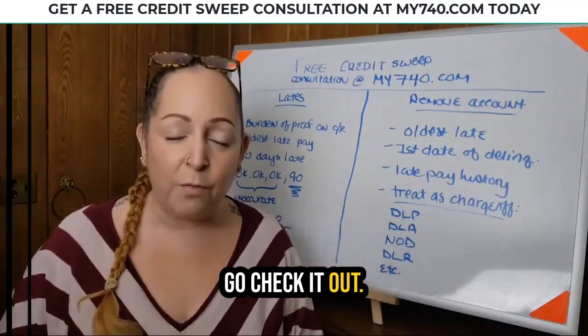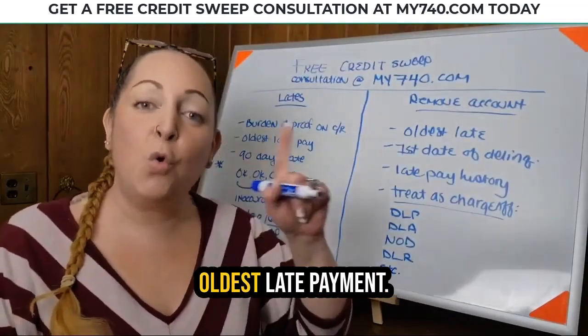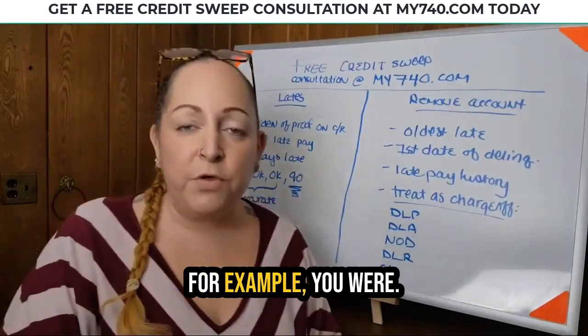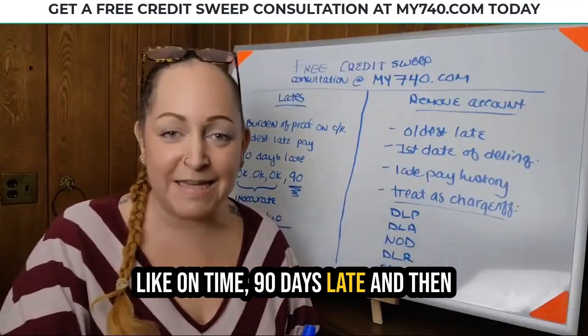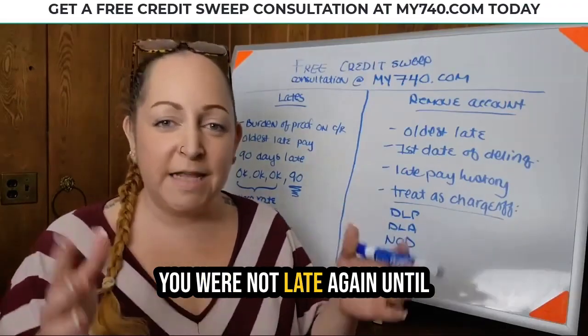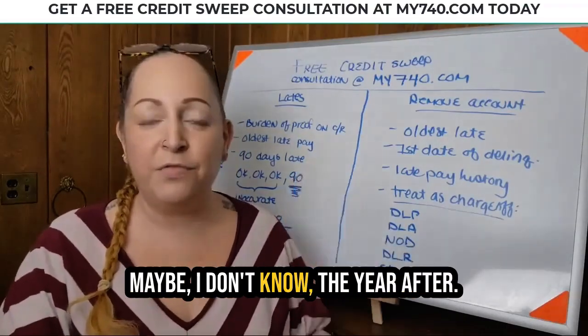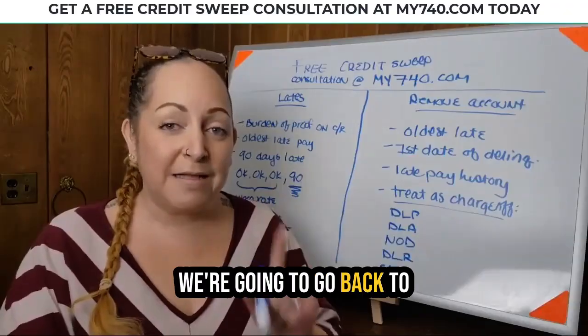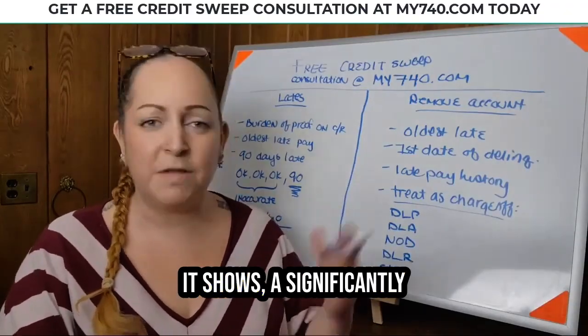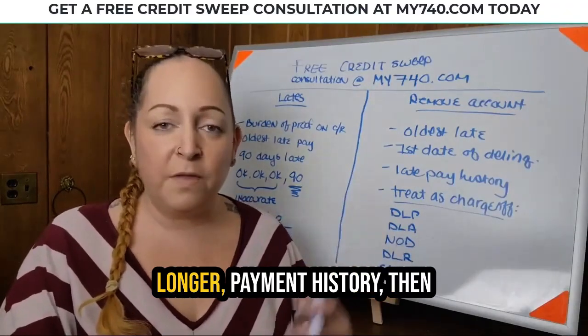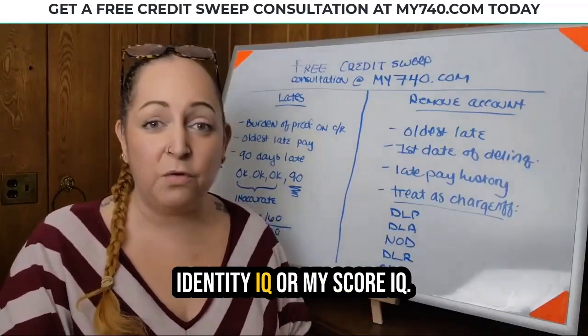Go check it out. So next, check out that oldest late payment. For example, you were 90 days late, and then you were not late again until maybe the year after. We're going to go back to that very first late payment, your first date of delinquency. Use Smart Credit. It shows a significantly longer payment history than Identity IQ or My Score IQ.